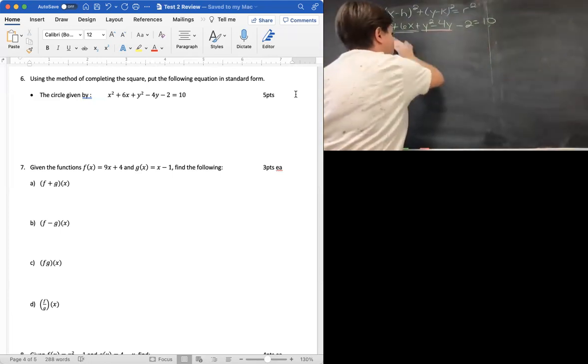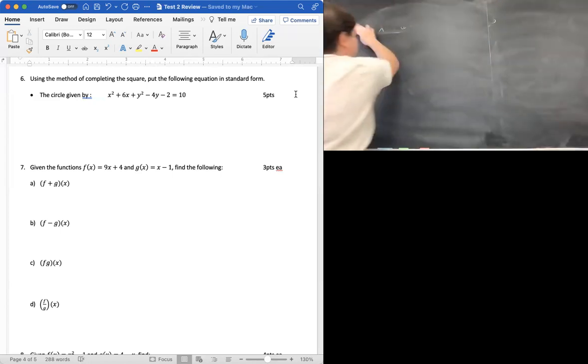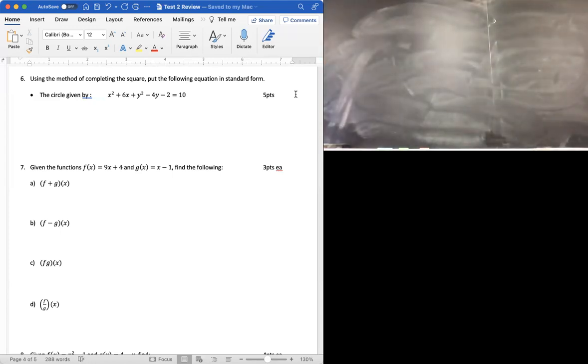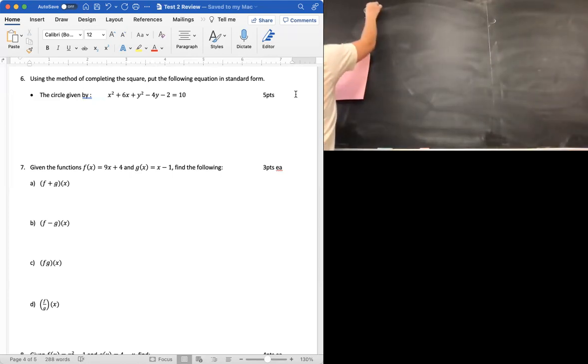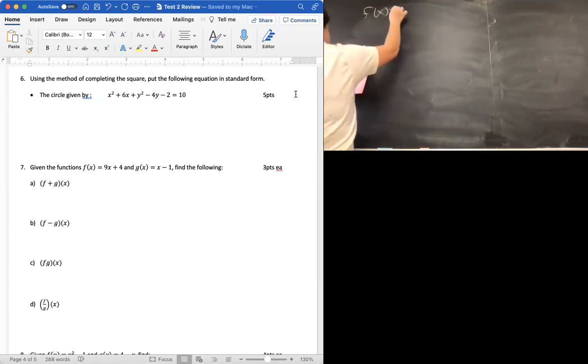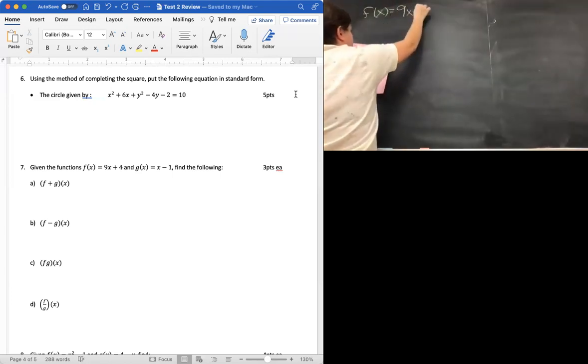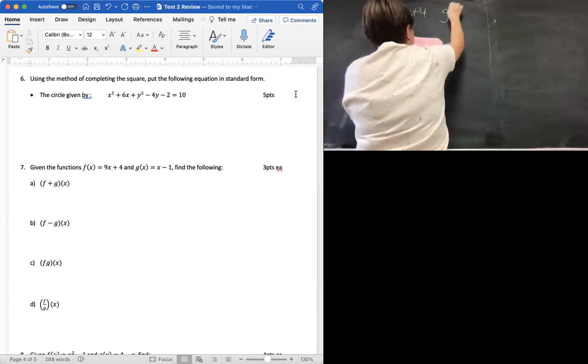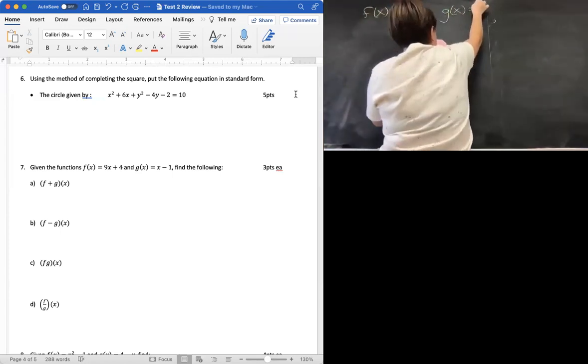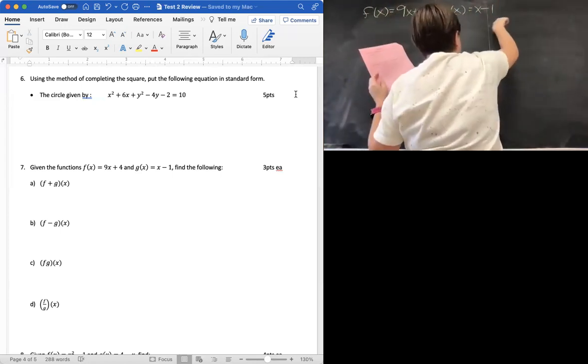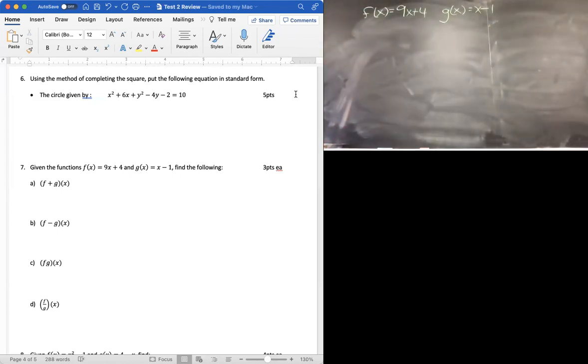Now we're going to do algebra of functions. We did that in 2.6. So number 7 is all from 2.6. We're given f of x equals 9x plus 4, and g of x equals x minus 1. We're going to do all the different forms with it.